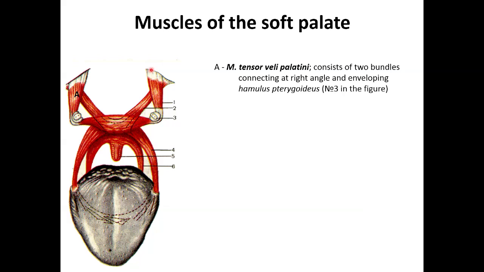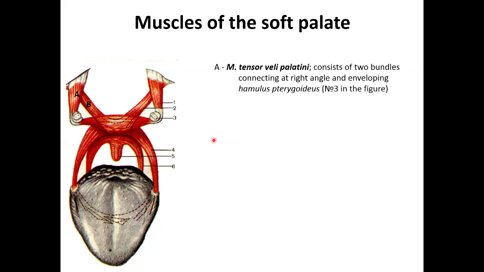So, vertical bundle and horizontal bundle. And sure, we can understand that when they are contracting, they shall tense the palate. That's why musculus tensor veli palatini.